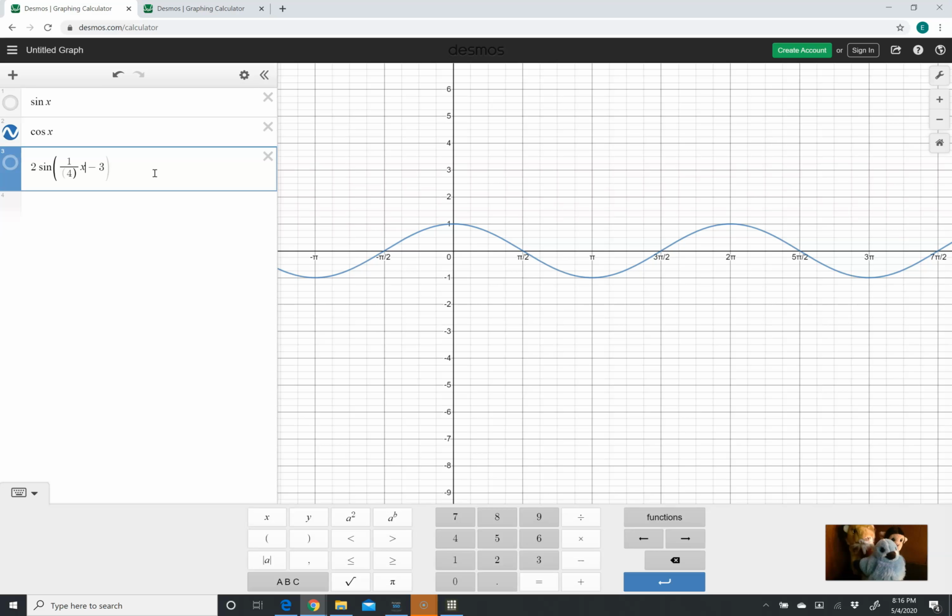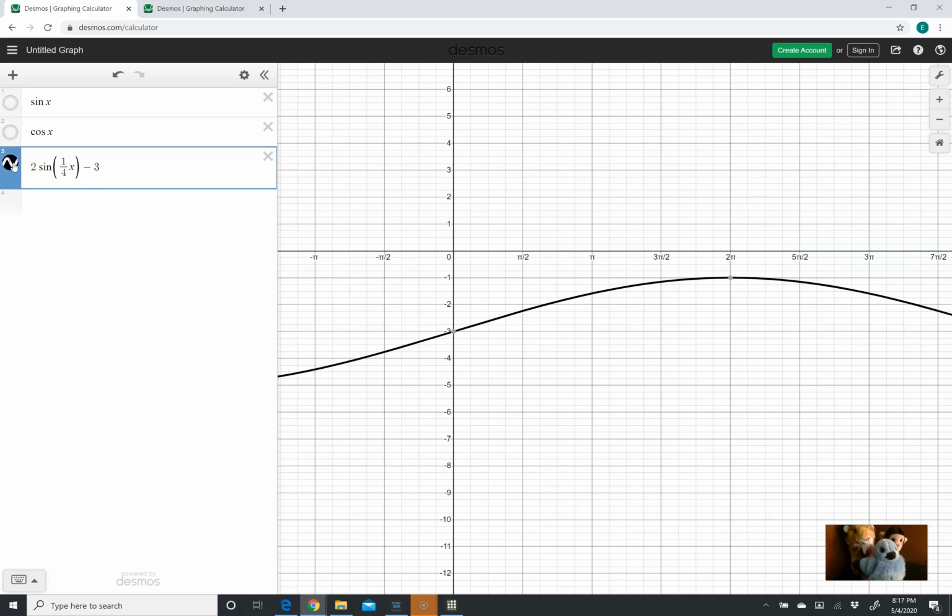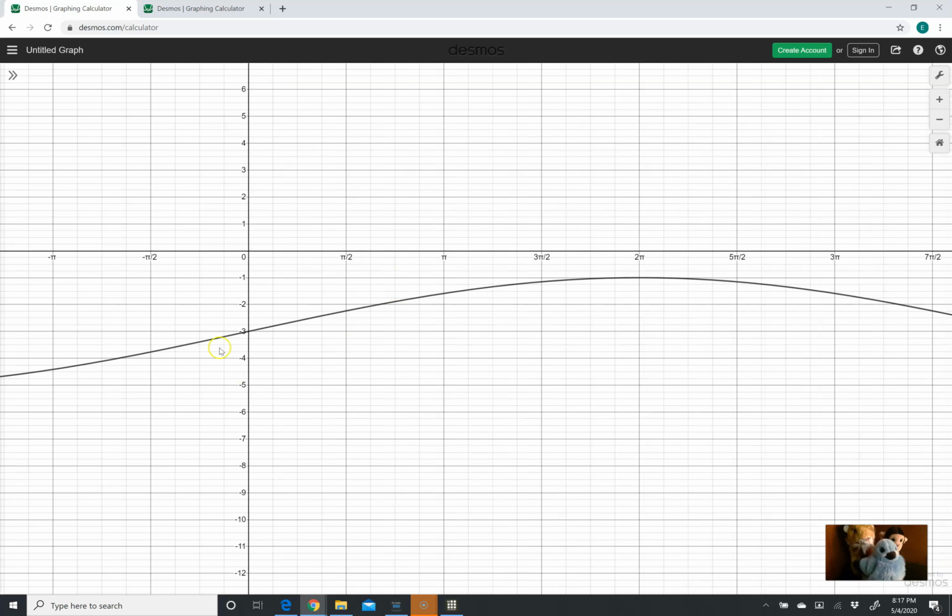I should have closed this parenthesis here. Okay, and this will tell you, did you do it correctly? So you can do a, no, something went wrong.